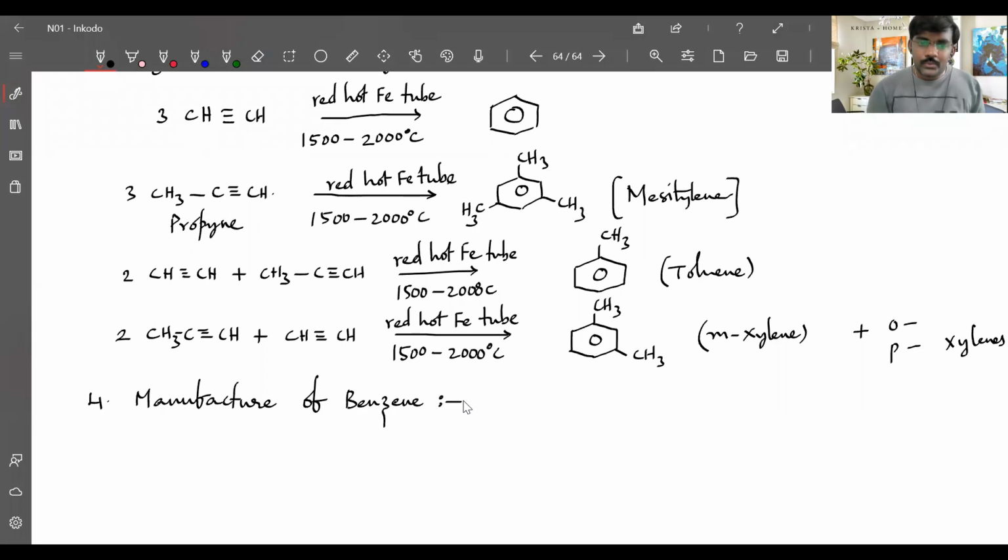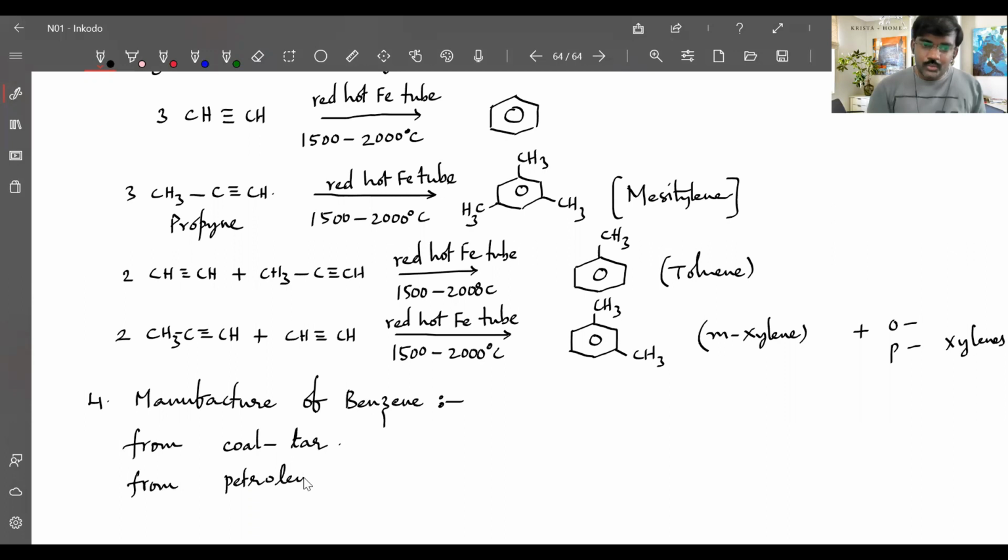Already in the sources of benzene, I think I told you, the main source of benzene is coal tar and petroleum. From coal tar, distillation will be done, and from petroleum also the same kind of distillation process we have to do.